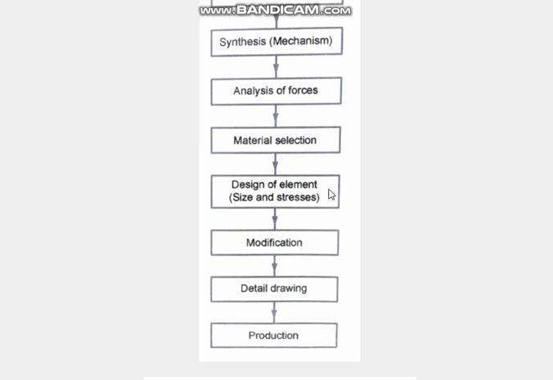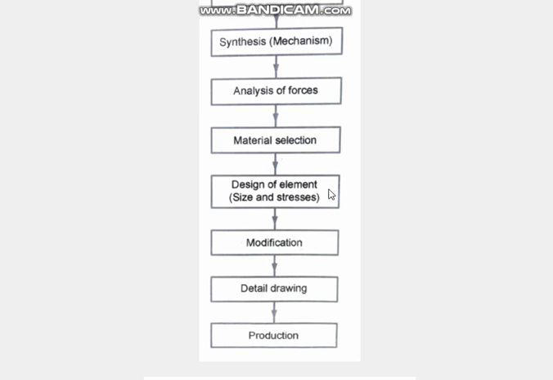By considering what are the forces acting upon the member and what are the permissible stresses. If we have selected one material, that material has certain permissible stresses. If it is in tension, it will be able to bear so much load. If it is in compression, it will be able to bear so much load for a given cross section. We will know. Depending upon that, we have to determine the size of that member.